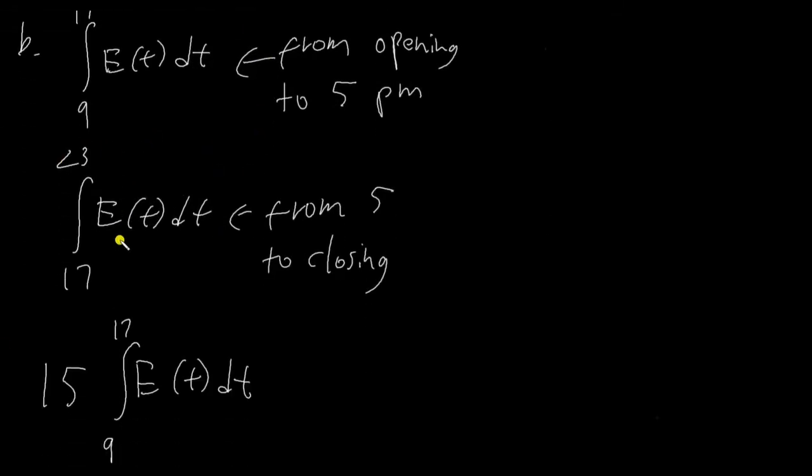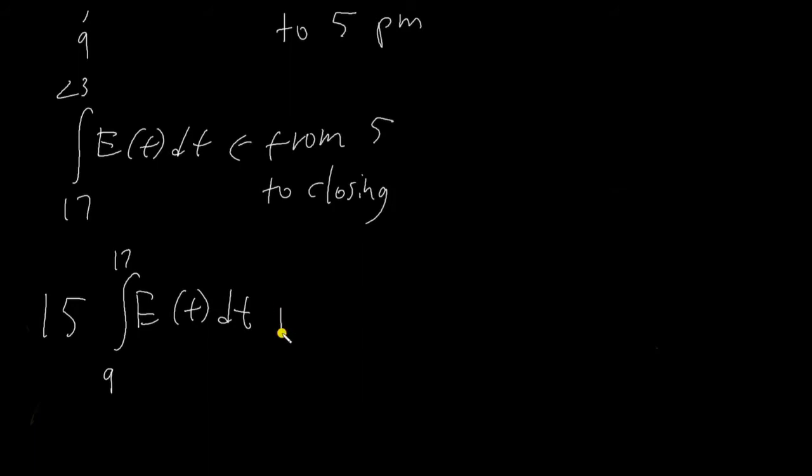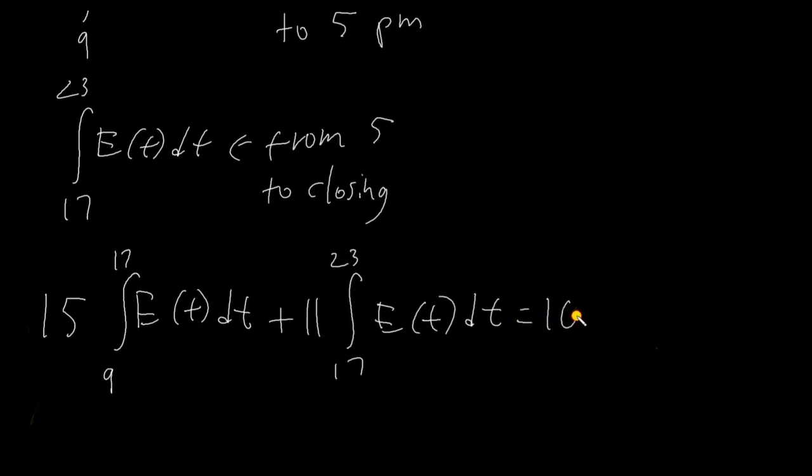So we'll take this total number and multiply it by 11, plus 11 times the integral from 17 to 23 of E of t. And then this is going to be a straight calculator question, and we're going to get $1,04048.